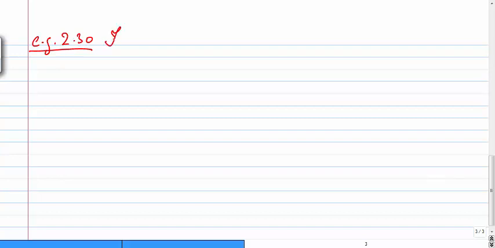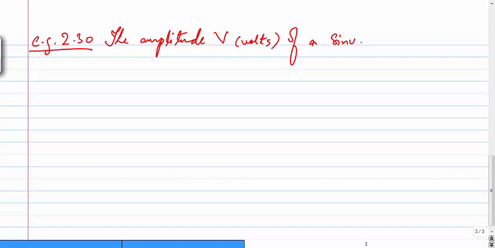It says that the amplitude of voltage, measured in volts, of a sinusoidal signal is a random variable with PMF.